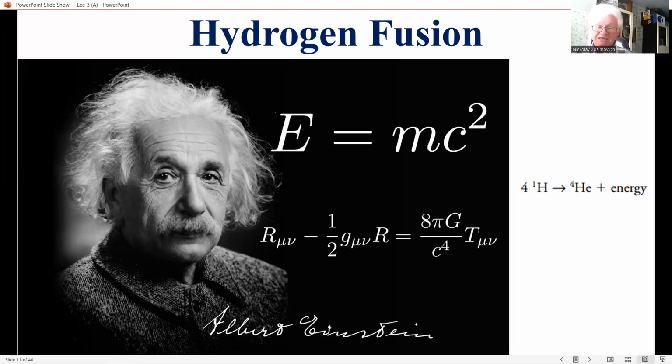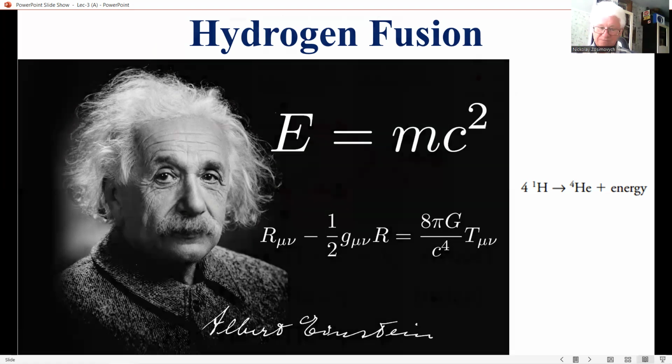Instead of waiting for 4 hydrogen nuclei to collide simultaneously, a highly unlikely event, the process can proceed step by step in a chain of reactions, the proton-proton chain.